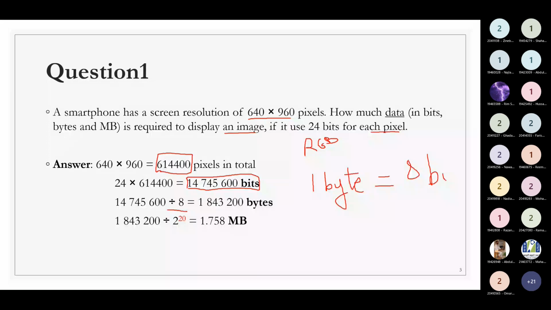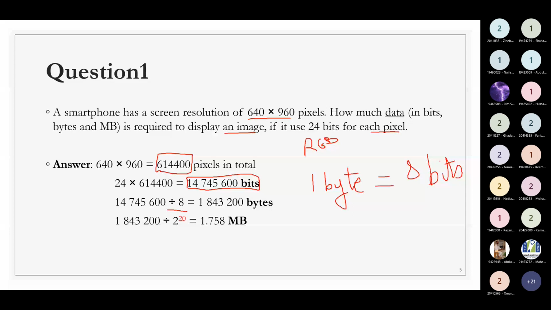And after that, from bytes to megabytes, we need to divide by 2 power 20. Why 2 power 20? Because from bytes to kilobytes, we divide by 2 power 10, and from kilobytes to megabytes, we divide by another 2 power 10.